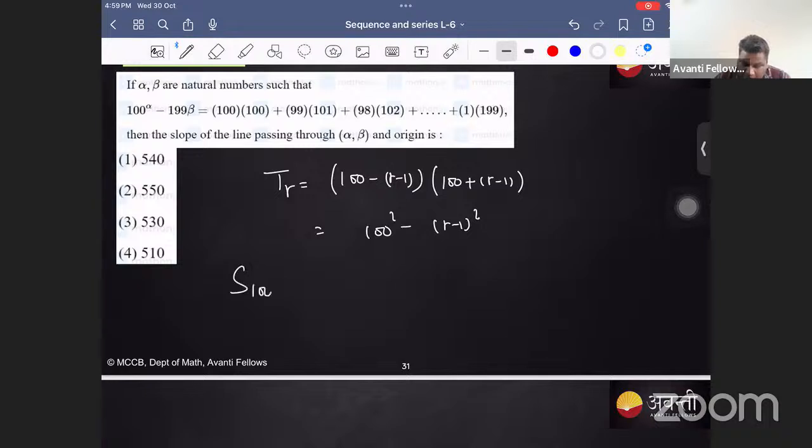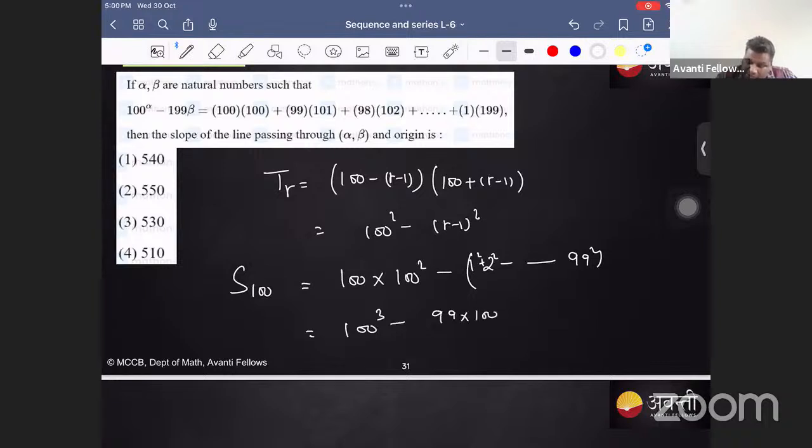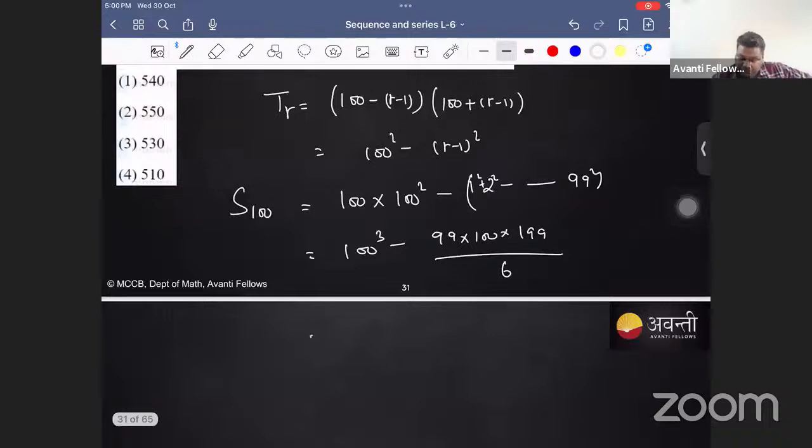Now the sum up to 100 terms will be what? 100 times 100 square minus, now this will be what? 1 square plus 2 square up to 99 square. So it is 100 cube minus 99 into 100 into 199 upon 6. So it is 100 cube minus 199 times 33 into 50.